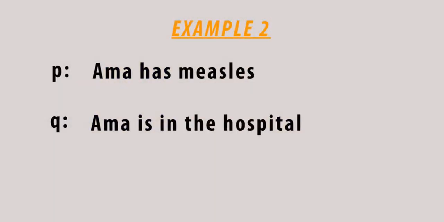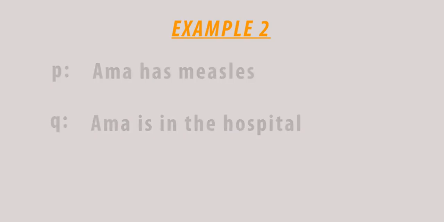Consider the following statements. Statement P. Amma has measles. Statement Q. Amma is in the hospital. If P implies Q, state whether or not the following statements are valid. Let's look at the first one.